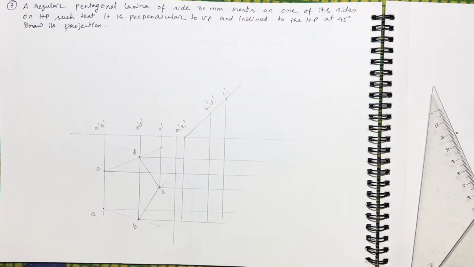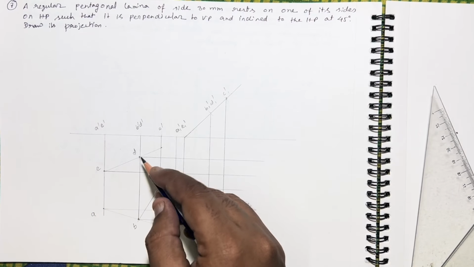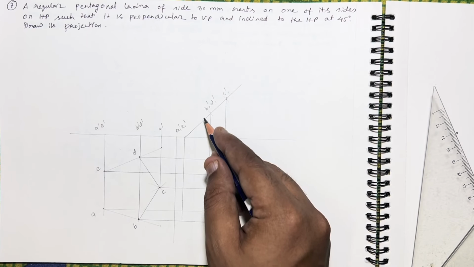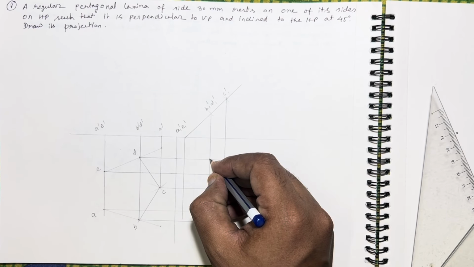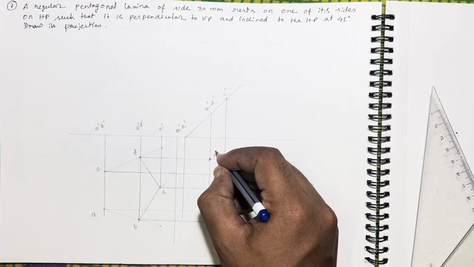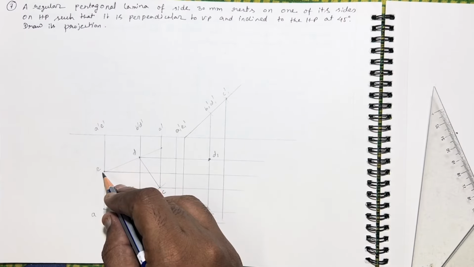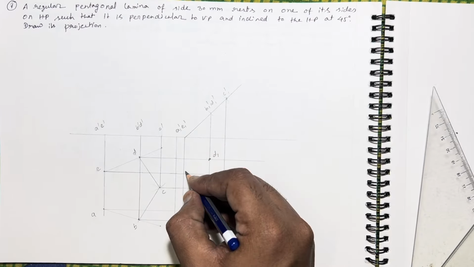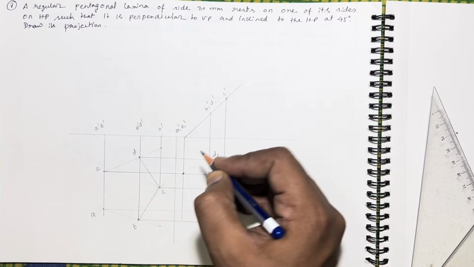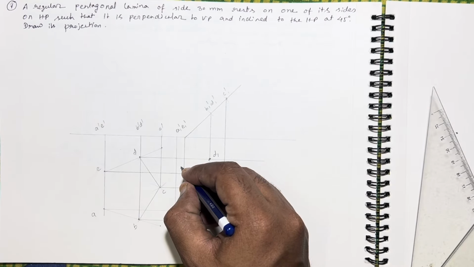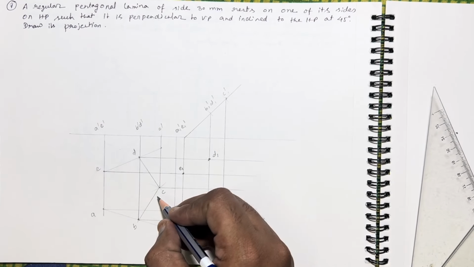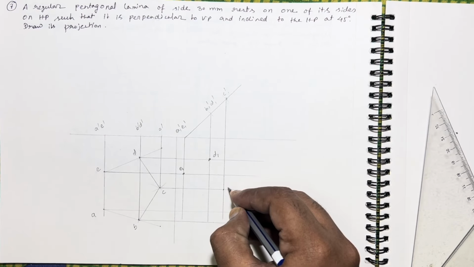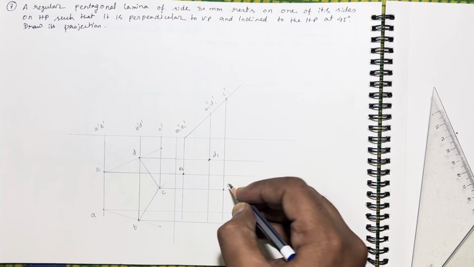Okay. Now this point is D. So this is the D line and D comes from here. So basically this one is your new D1. Now this is E and here it is, this is E. So the meeting point is here. So this is your new E1. This is C and C is here. The meeting point is here. So this is your C1.